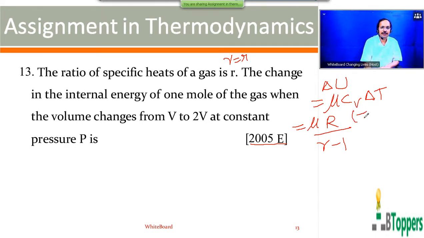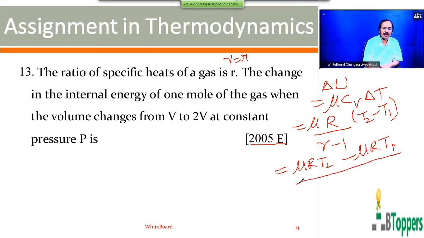Change in temperature is the final temperature of the gas minus the initial temperature. So this you can write as nu R T2 minus nu R T1 by gamma minus 1. This result I have given you in the past, which you are supposed to remember. Molar specific heat of the gas at constant volume in terms of molar gas constant and ratio of specific heats is given by Cv equals R by gamma minus 1.